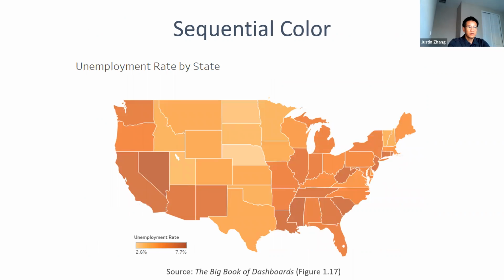Here is an example of a sequential color on the map. Sequential color encodes a quantitative value from low to high. The example here is the unemployment rate by state. It ranges from 2.6 to 7.7% using a sequential color scheme.